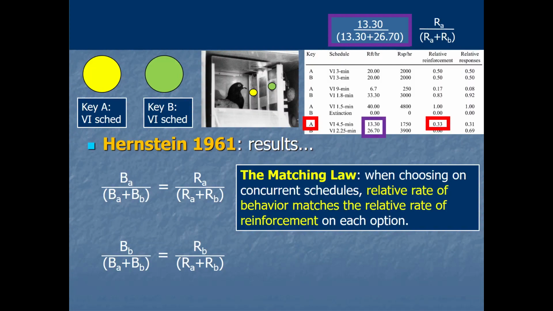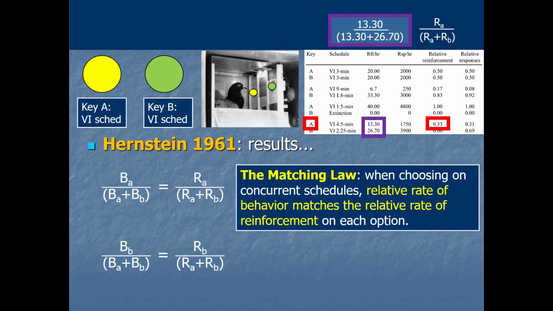I've color-coded it here in purple. That's the right side of our matching law equation, right? That is the relative reinforcement. We end up with 0.33. We've just calculated that by doing 13.3 over 13.3 plus 26.7. Just plug that in, and we've got 0.33 on the right side.